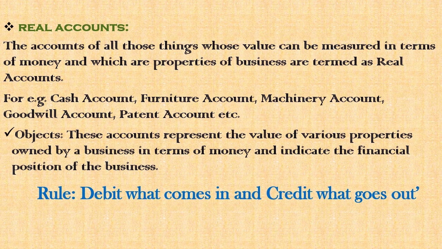So the rule is: debit what comes in and credit what goes out. In a real account, which we can measure in terms of money, what comes in will be debited and what goes out will be credited.